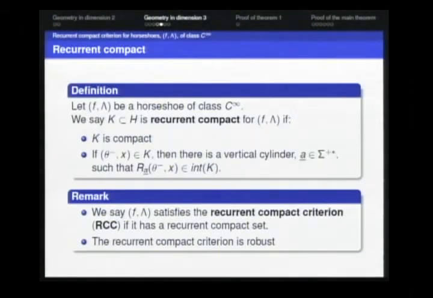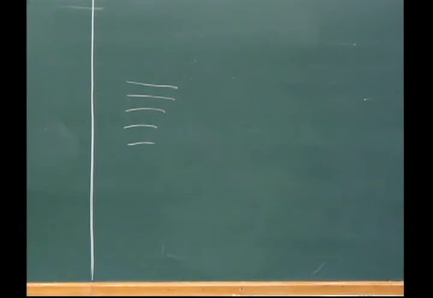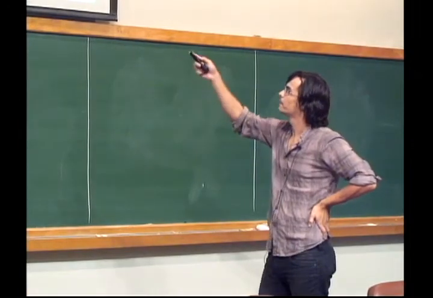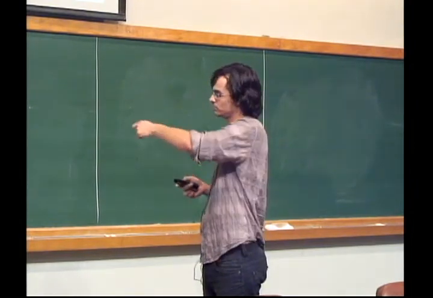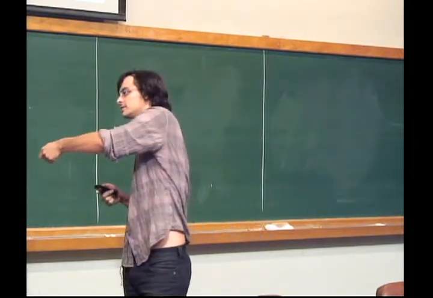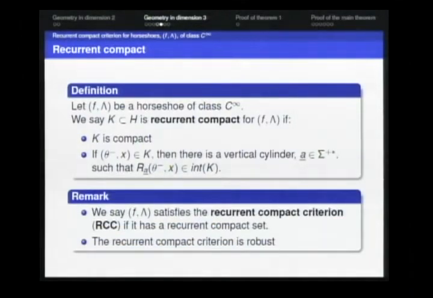So now I can tell what's the adaptation of the recurrent compact set to our case. A subset of the wall is recurrent compact if it's compact, and if for any point in it we have a cylinder such that the renormalization operator associated to the cylinder at this point is in the interior of this compact set.